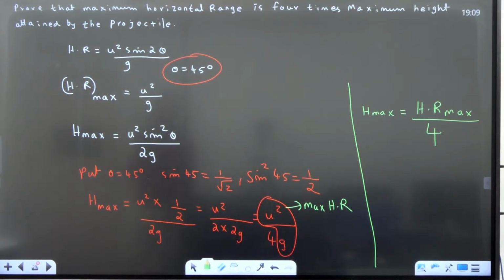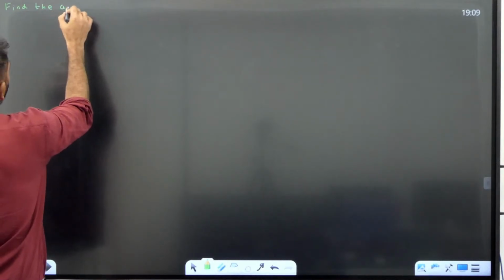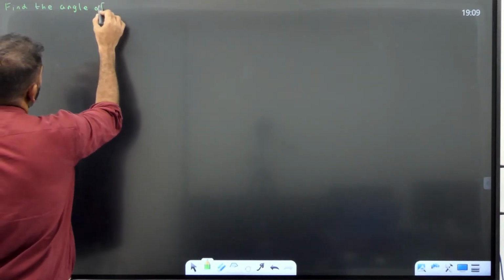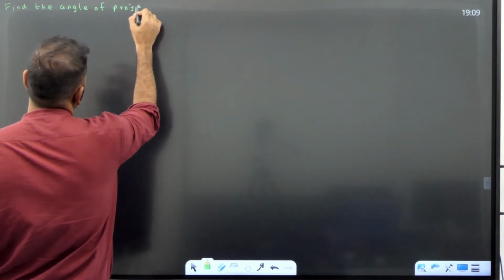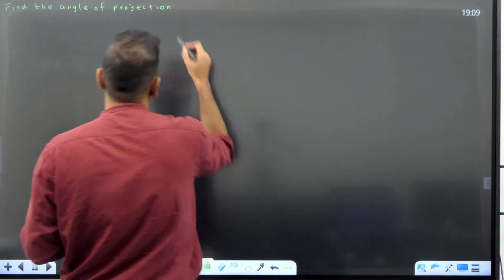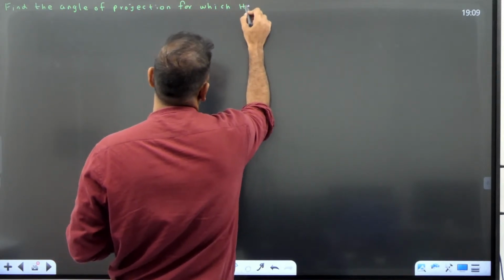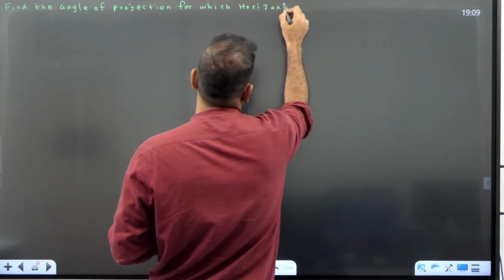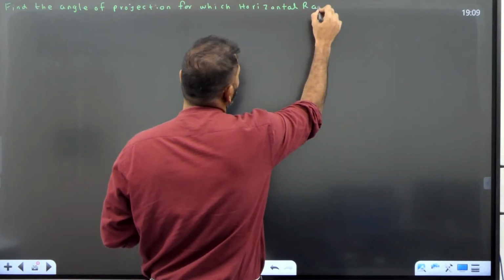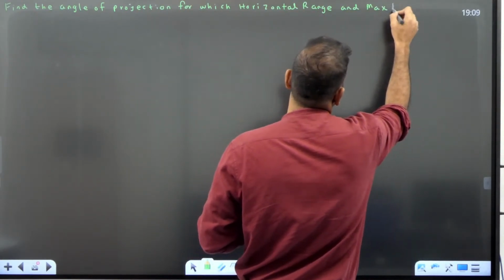Next question. Find the angle of projection for which horizontal range and maximum height are equal.